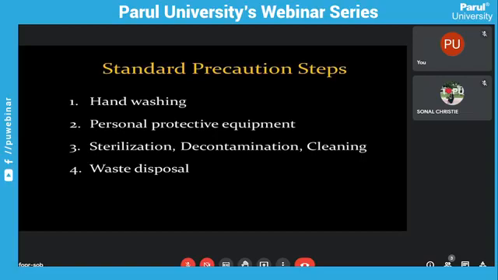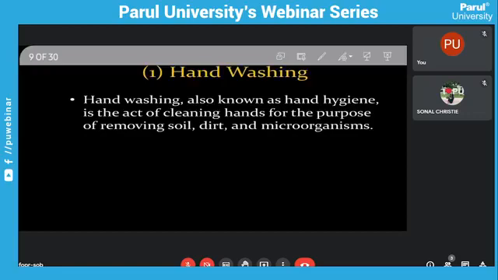It is very useful because it protects the healthcare provider and patient both from the infection. Then the process of sterilization, decontamination and cleaning. And last is waste disposal or biomedical waste management. Let's see all of them one by one.